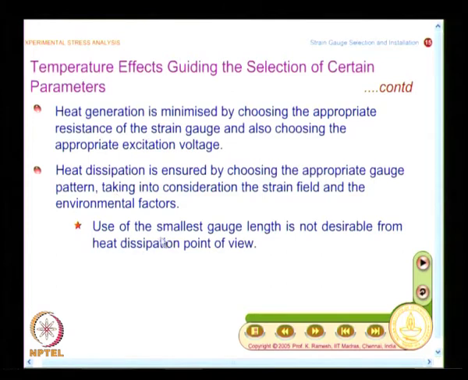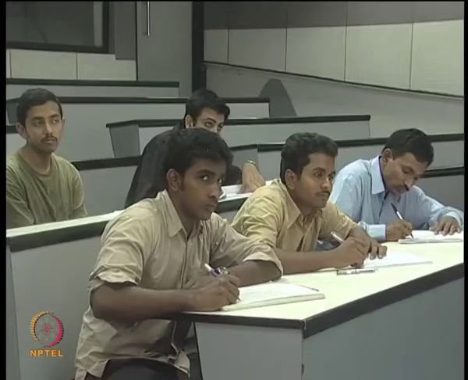So, use of the smallest gauge length is not desirable from the heat dissipation point of view. You may be tempted to say, I want to do strain measurement at a point of interest, so let me go and select the smallest gauge length possible. That kind of approach is not good when you look at heat generation and heat dissipation aspects.